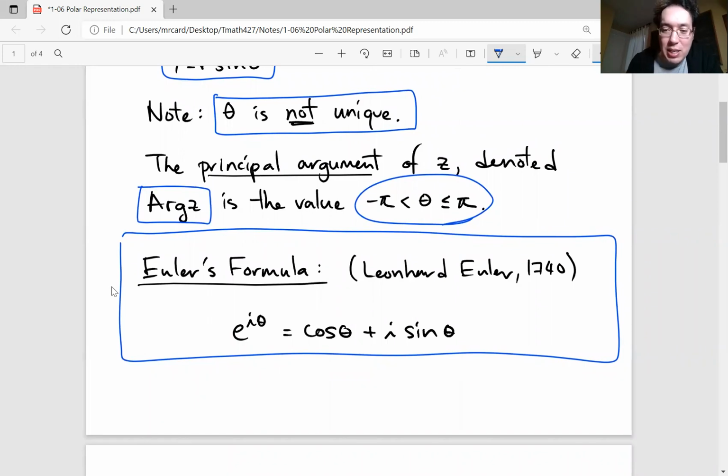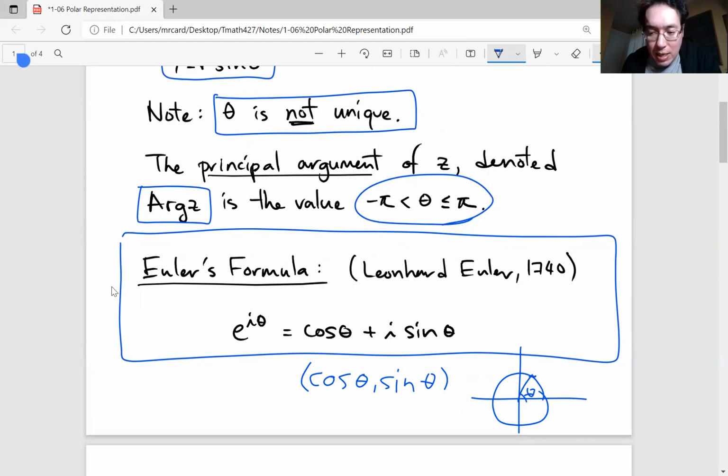So the reason why I say unit circle is that, remember from trig, if we take the ordered pair cosine theta, sine theta, that's the point on the unit circle. That's radian theta from the positive x-axis.